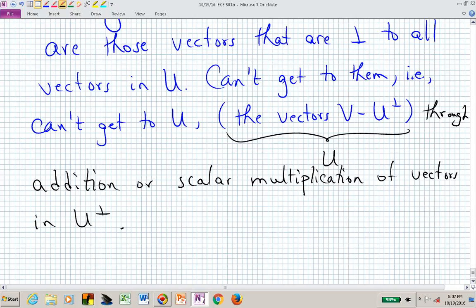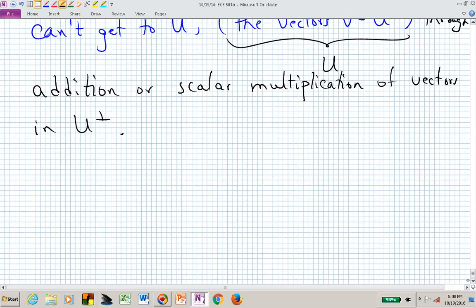If you take the inner product of that linear combination of vectors in U perp, by definition, they are orthogonal to all the vectors in U. So any linear combination, which is addition or scalar multiplication in U perp, we stay in U perp. And those are two of the properties we need for a subset to actually be a subspace, meaning U perp is now closed.